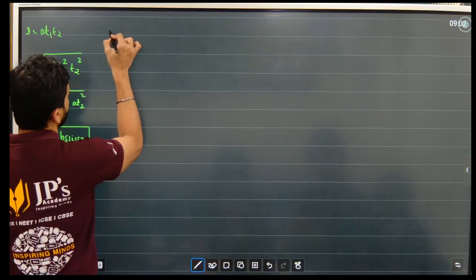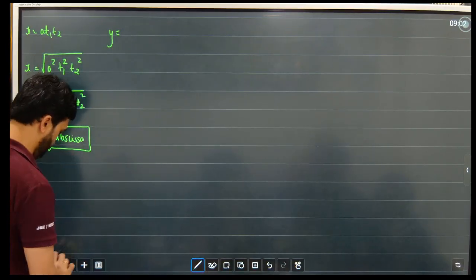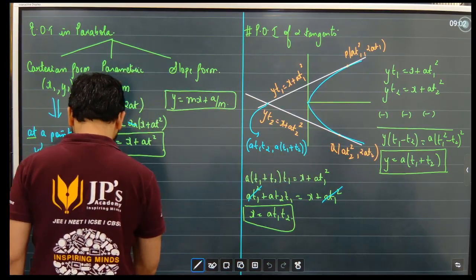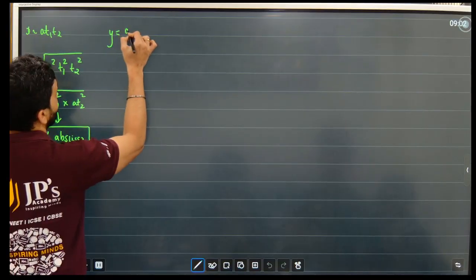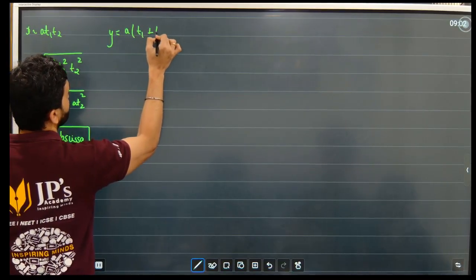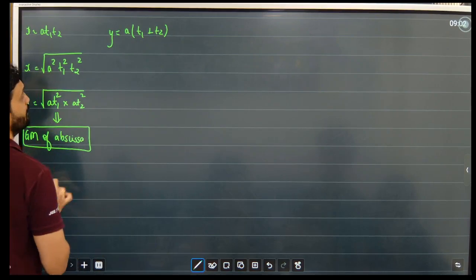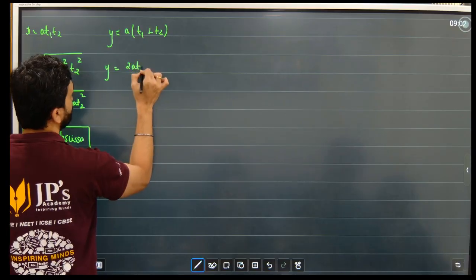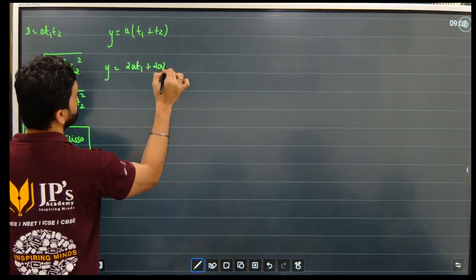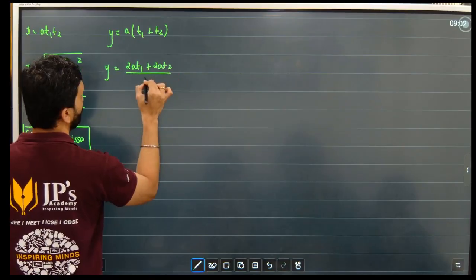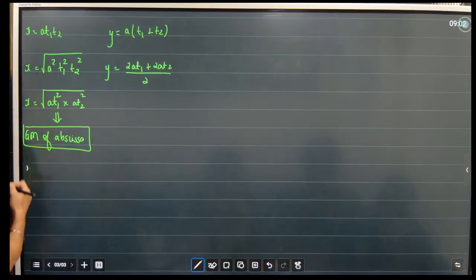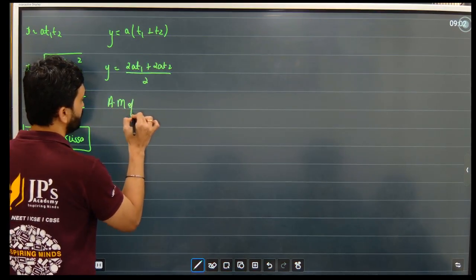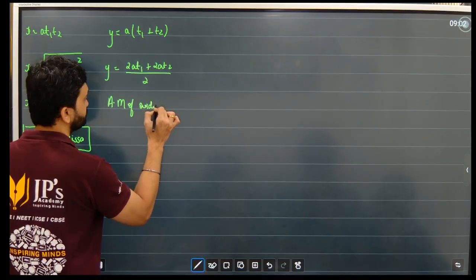Look at the y coordinate. If you pay attention, y is a(t1 + t2). I can write this as y = (2a t1 + 2a t2)/2. If the first is the geometric mean, this is called the arithmetic mean of ordinates.